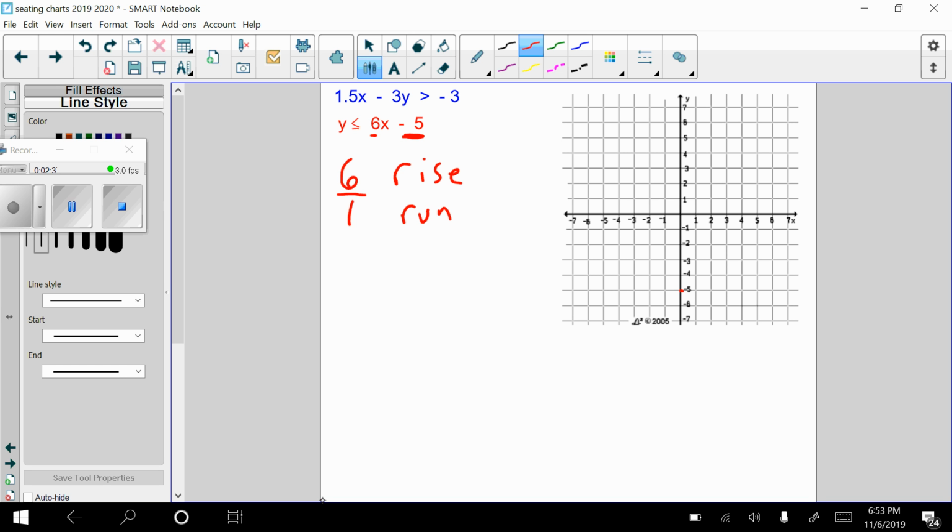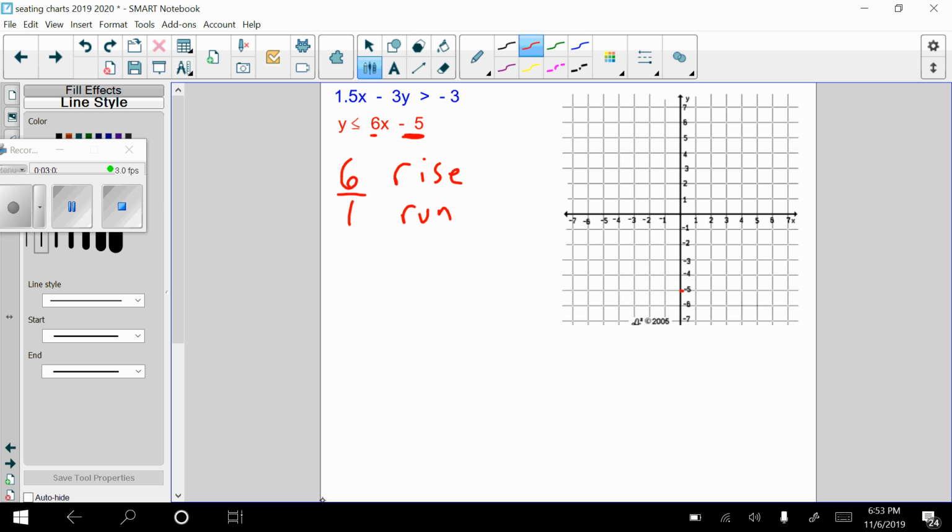So from the -5, so from the red coordinate that I drew on the coordinate plane down below with the -5, I need to count up 6 spaces because my rise is 6. That means I go up 6. If it would have been a negative number, I would have had to go down because it's always up or down for your rise.